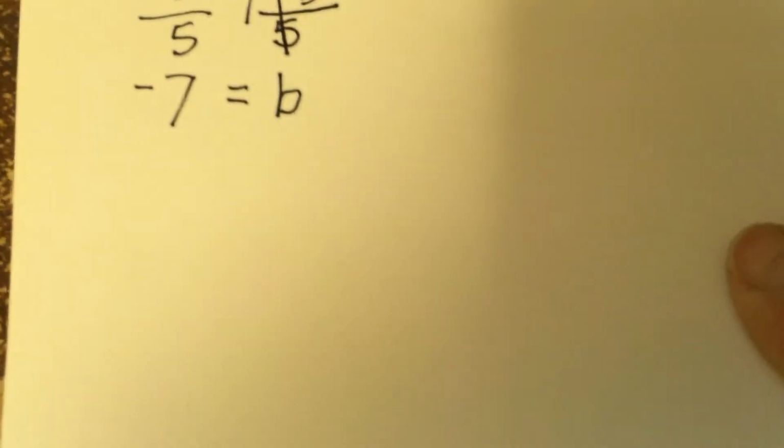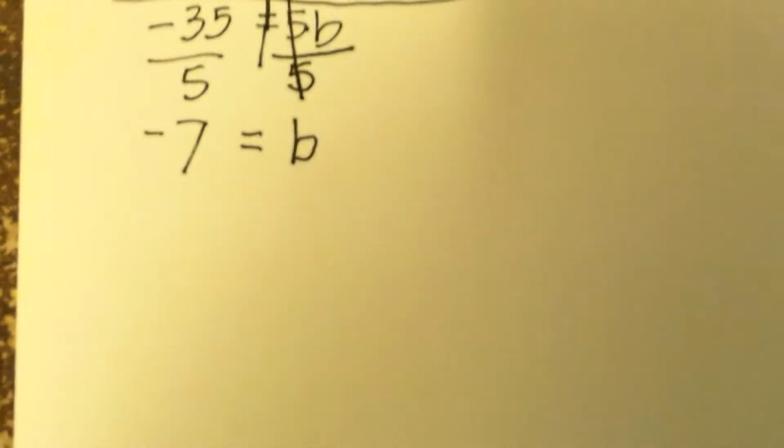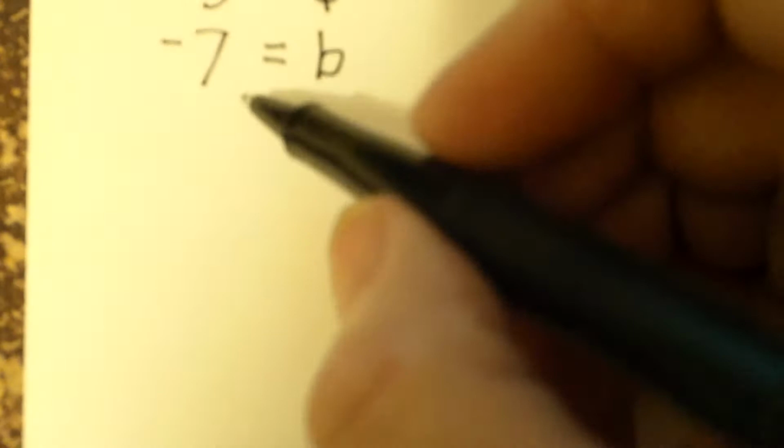Next problem. The sum of 3 consecutive integers is 117. All right, I have 3 consecutive integers. Consecutive means one after the other, and integers are like the positive and negative numbers that you would find on a number line. So I don't know what my integers are.